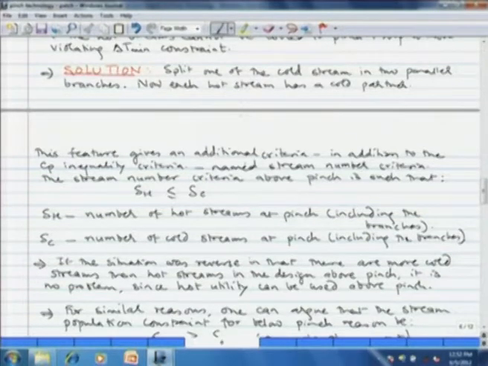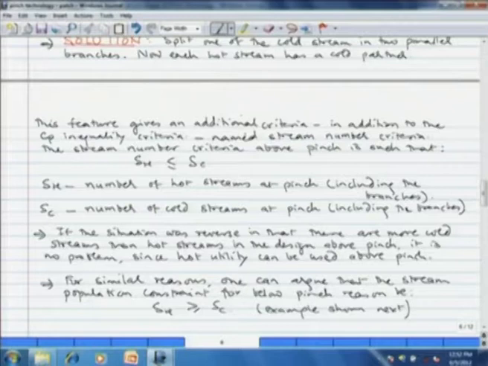The stream number criterion above pinch is such that SH is less than or equal to SC. That means the number of hot streams at the pinch in the above pinch region should be less than or equal to the number of cold streams at the pinch, including the branches, meaning including the splitting.